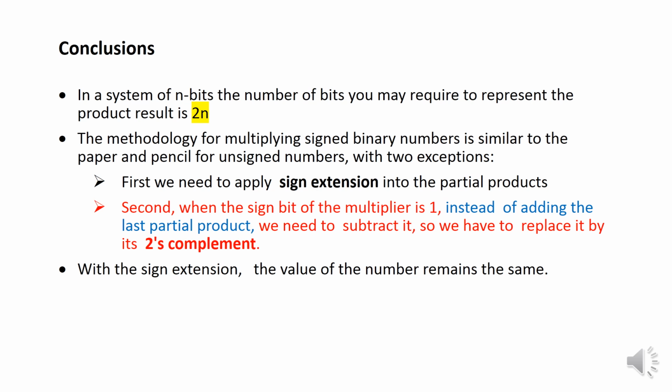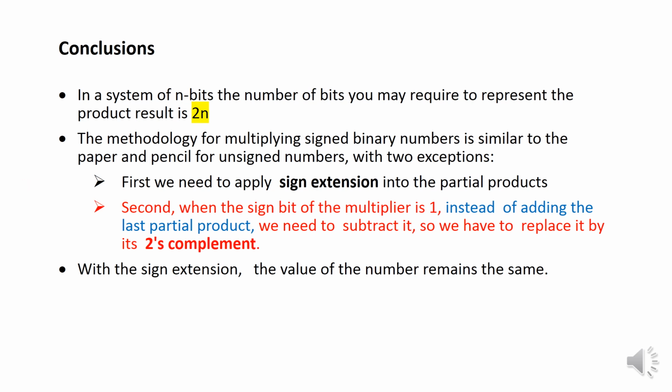So, in summary, these are the main important points of attention when multiplying signed binary numbers. In a system of n bits, the number of bits you may require to represent the product result is 2 times n. The methodology for multiplying signed binary numbers is similar to the paper and pencil for unsigned numbers, with 2 exceptions.